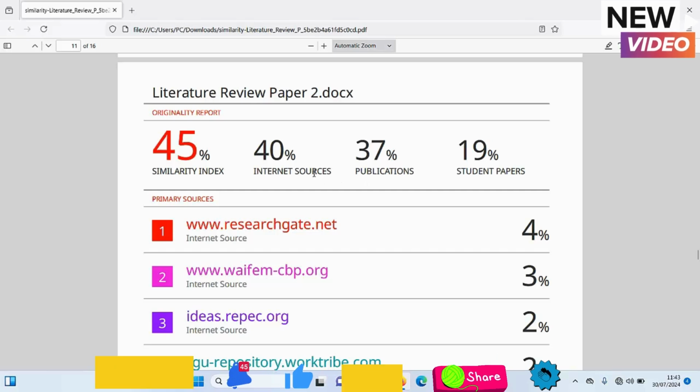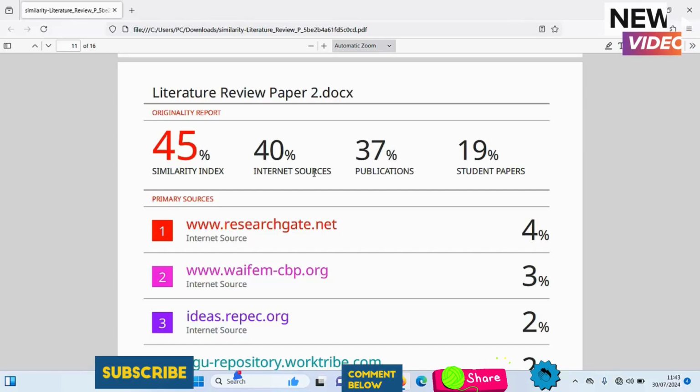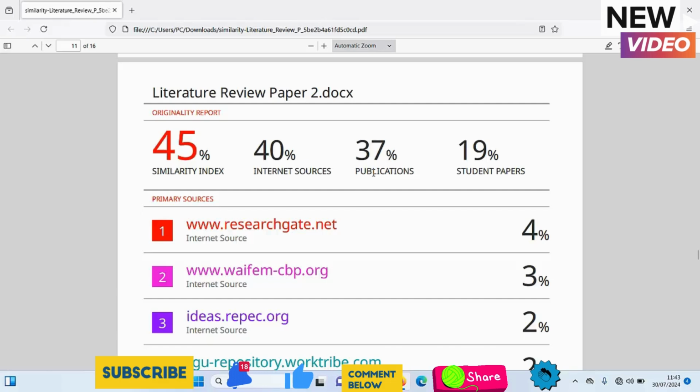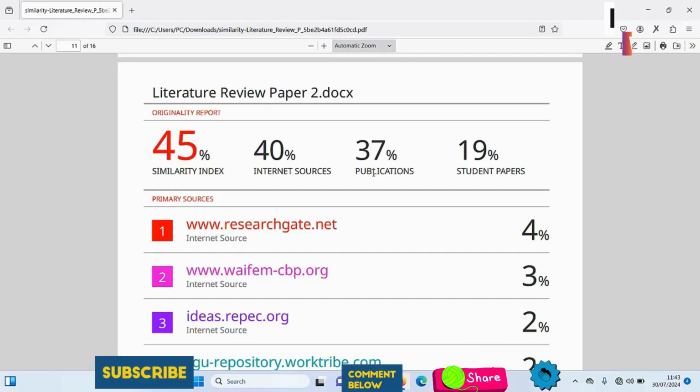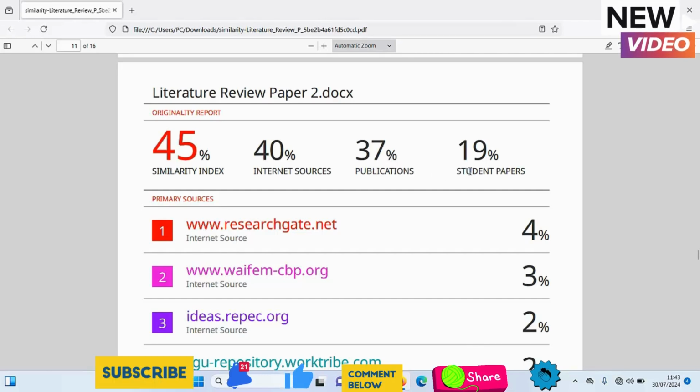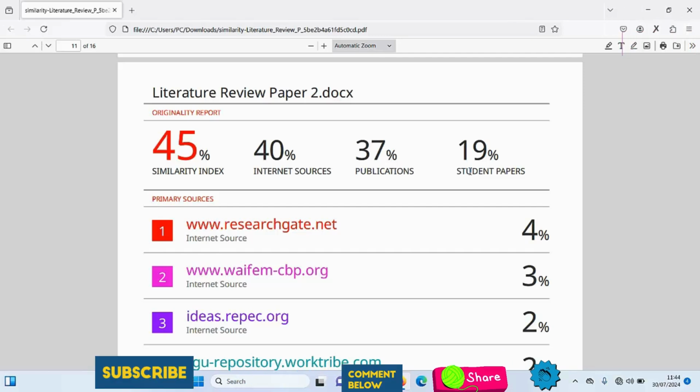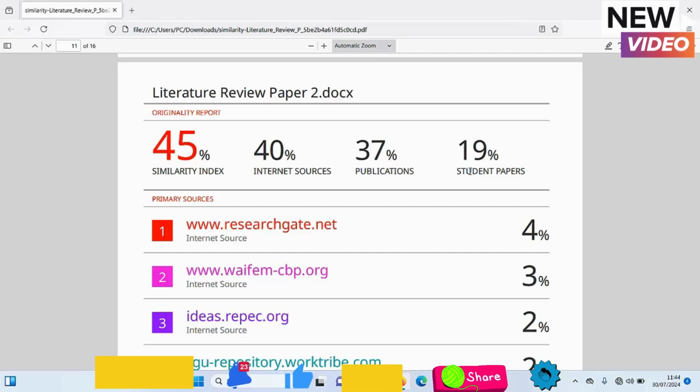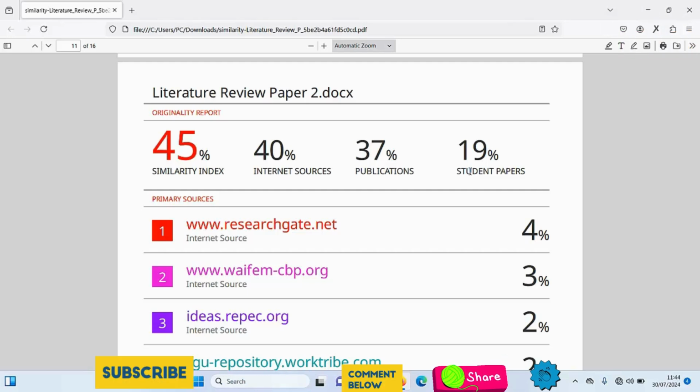These internet sources comprise of websites, blogs, and so on, while publications include articles, papers published in journals, whether local or international journals. Student papers, however, include theses, projects, any recognized works that is not published in a journal. All those papers are categorized under student papers.